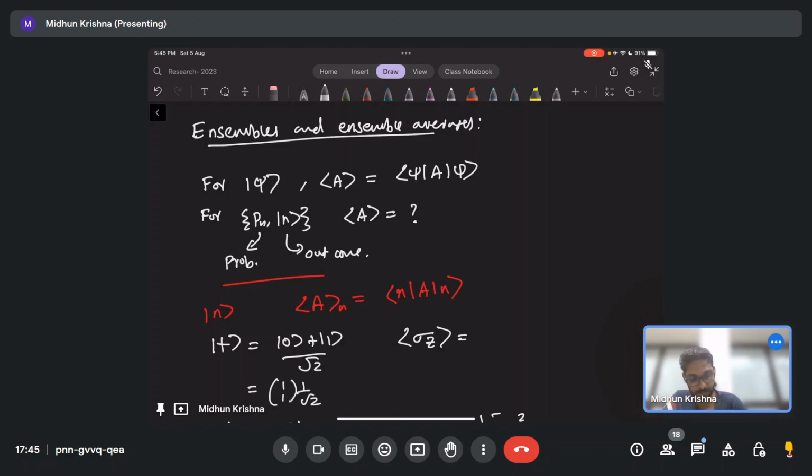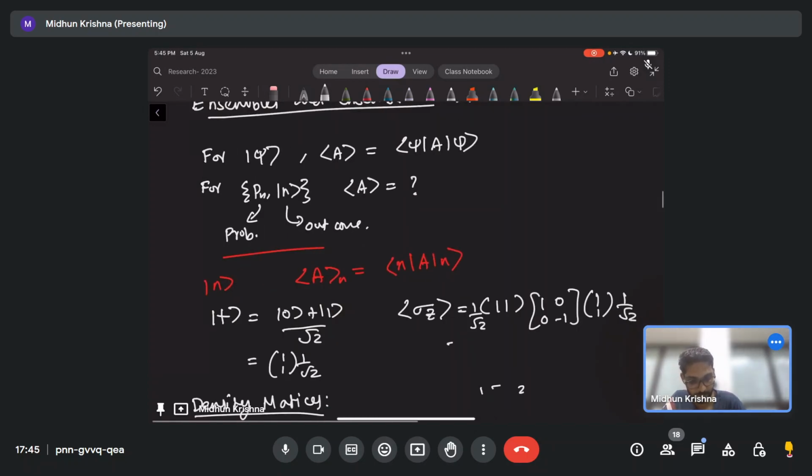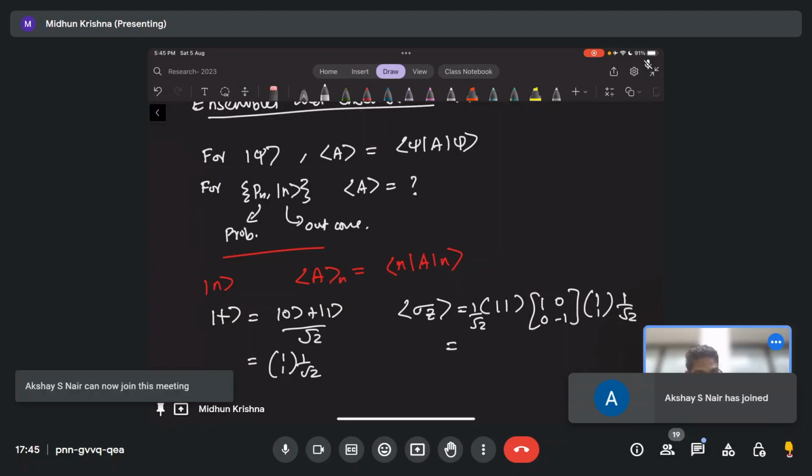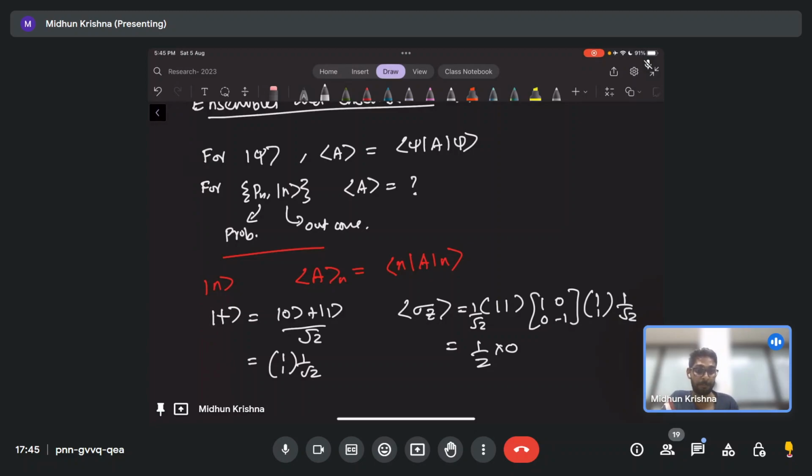So the average of sigma z is 1, 1 times sigma z, which is 1, 0, 0, minus 1, times 1, 1, and there's a 1 by root 2 here and 1 by root 2 here. This will come out to be 0.